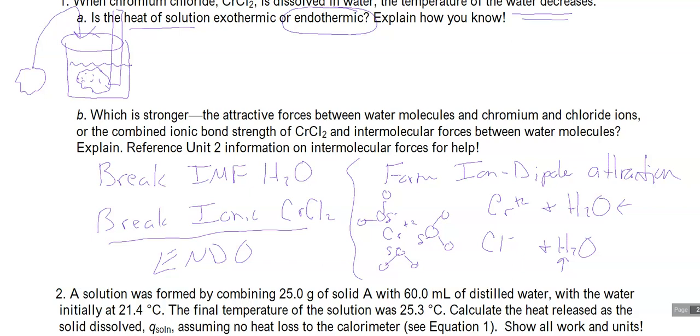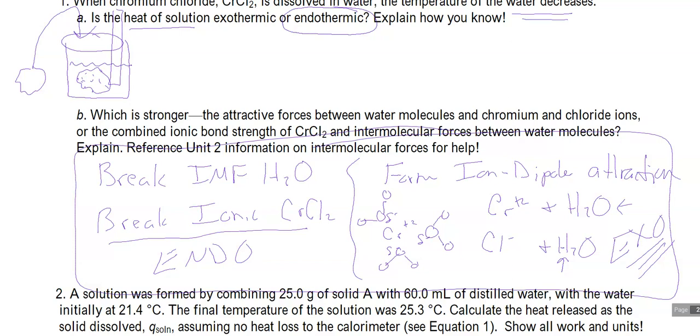Remember, when attractive forces are created or formed, that is very exothermic. So all you want to do is ask yourself, if the overall process, this whole process here, is a dissolving process, we're breaking the IMFs in water, breaking the ionic attractive forces in CrCl2, then we're creating those ion dipole attractive forces between the water and those ions.